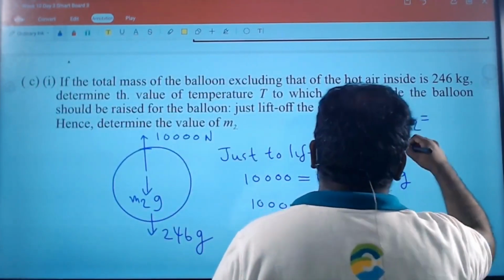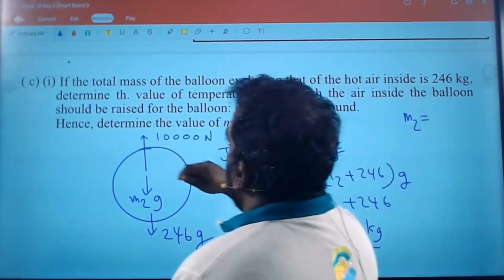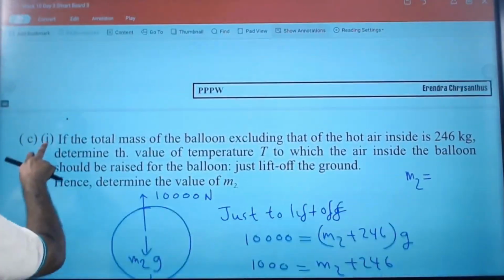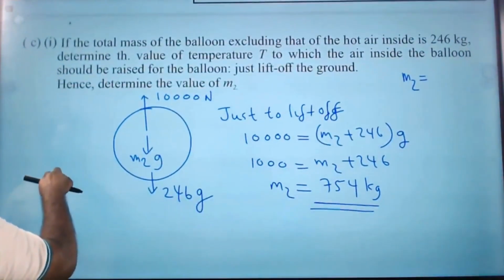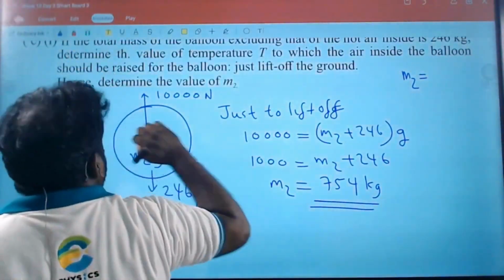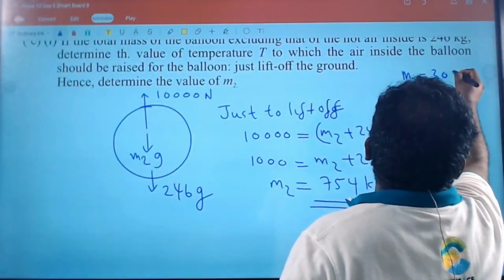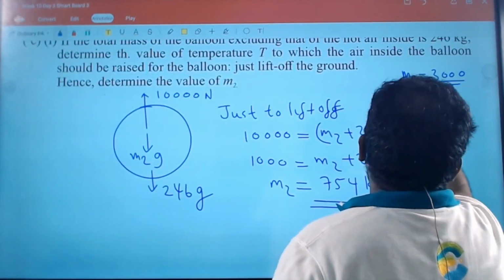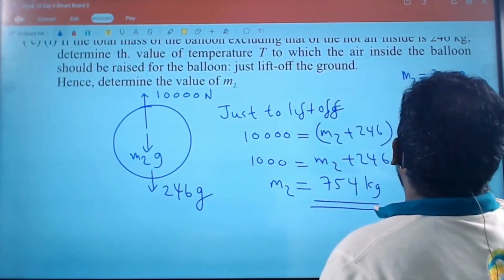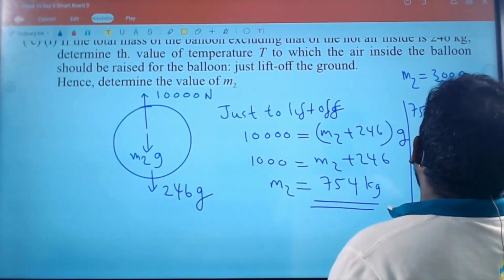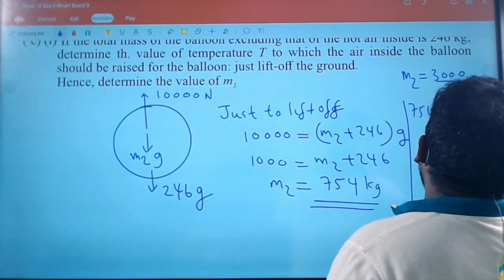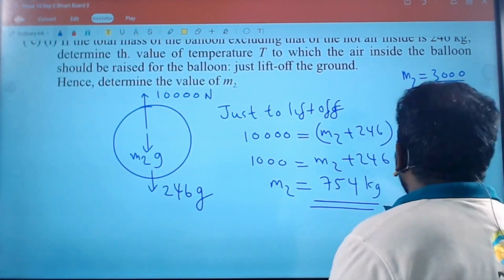M2 is equal to 3000 divided by T. So 754 equals 3000 divided by T. T is equal to 3000 divided by 754.